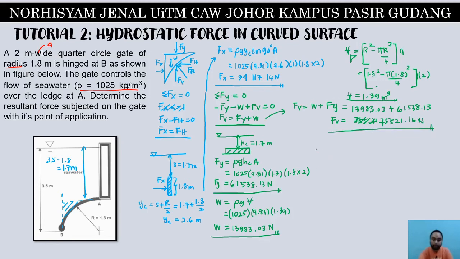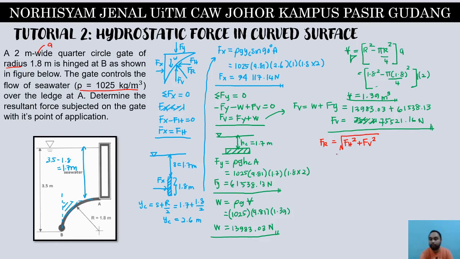Now to find out Fr, it is just a calculation of addition between two squares. So Fh square plus Fv square and square root.